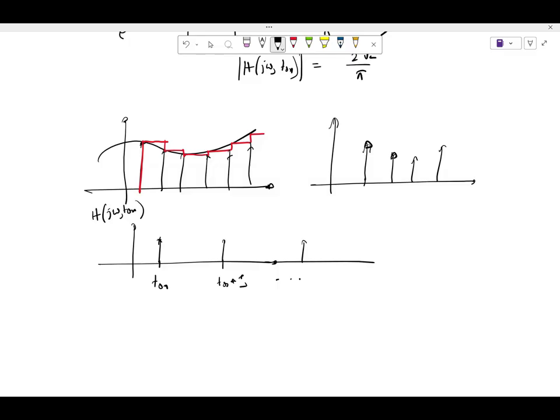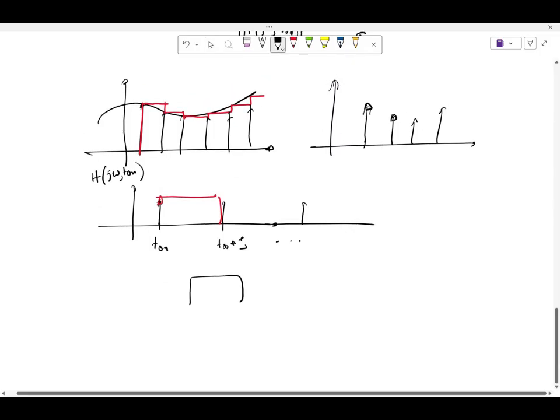So which essentially means that it is similar to the zero order hold case, where I have sampled this value and I'm holding on till one cycle. So it is equivalent to saying the impulse response for one sample is this, right?